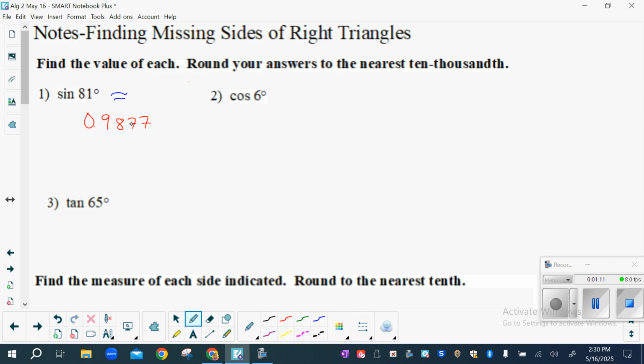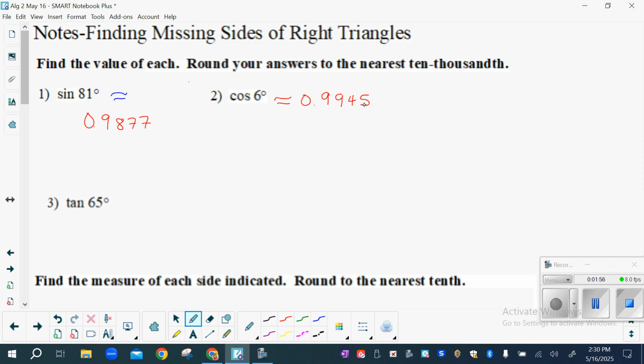Probably they're in degree mode. So cosine of 6 is 0.9945.